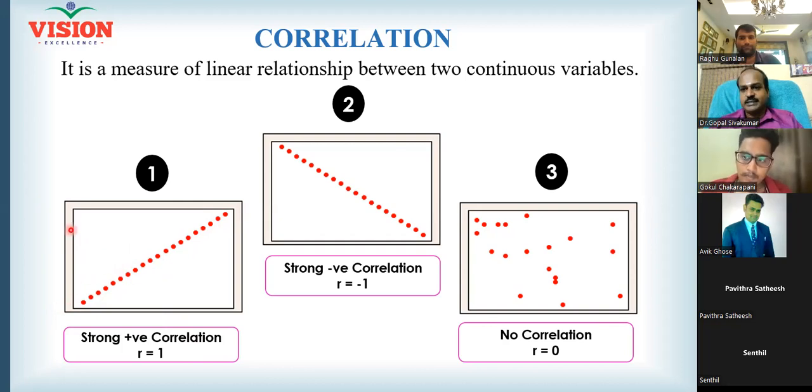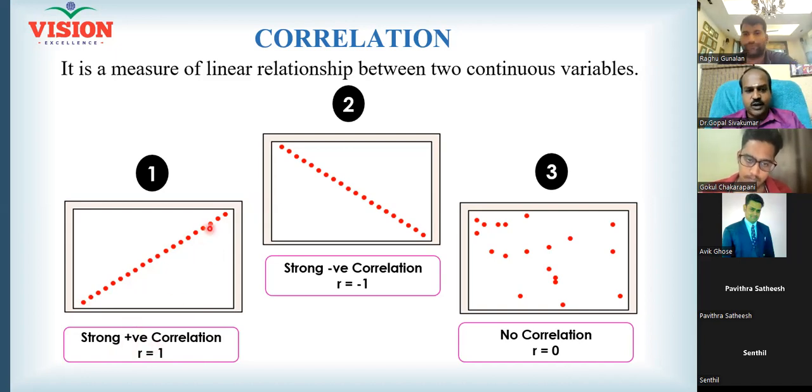If you want to increase the Y, you need to increase the X. So they are positively correlated. Very good. The relationship is positive because an increase in X causes an increase in Y. So this is called a positive correlation. This is called strong because all the points lie on a perfect straight line.